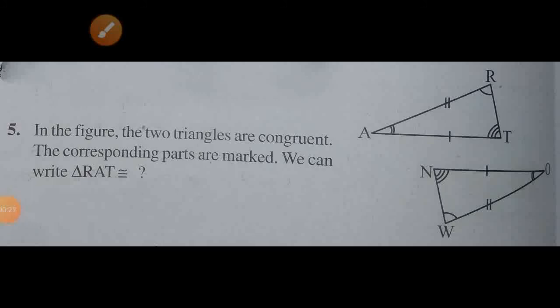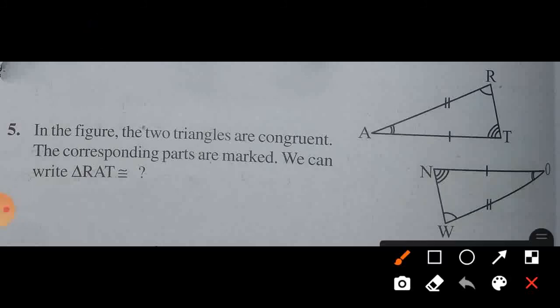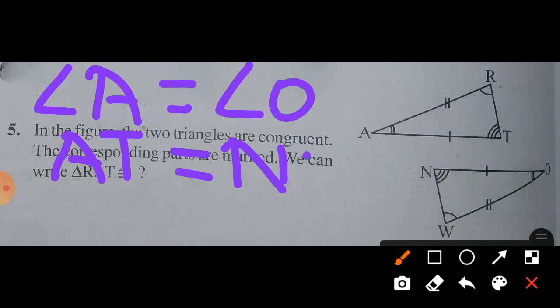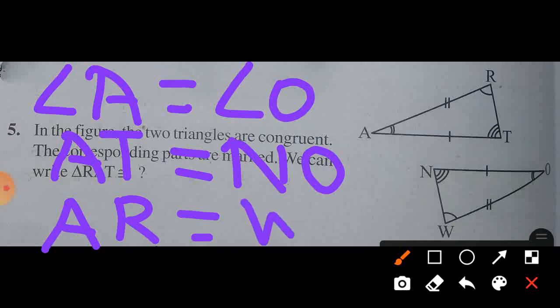So first we can write angle A is equal to angle O. This is angle A and this is angle O. Then we can write side AT is equal to side NO, and then we can write side AR is equal to side WO.